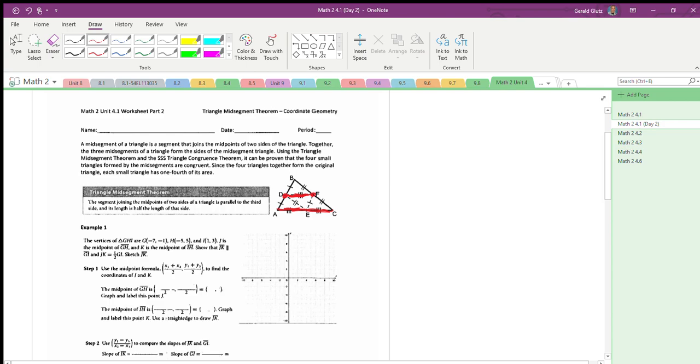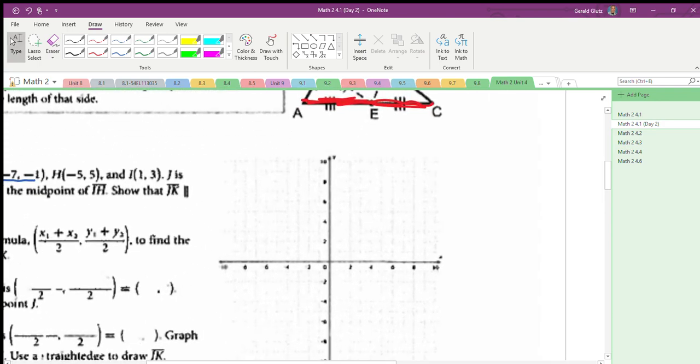So first thing, example 1 that I'm going to do is I'm going to graph, let's use blue, these points that they give us. So G is at -7, -1. So I go left 7, and then down 1. -5, 5 is H, so -5, 1, 2, 3, 4, 5.